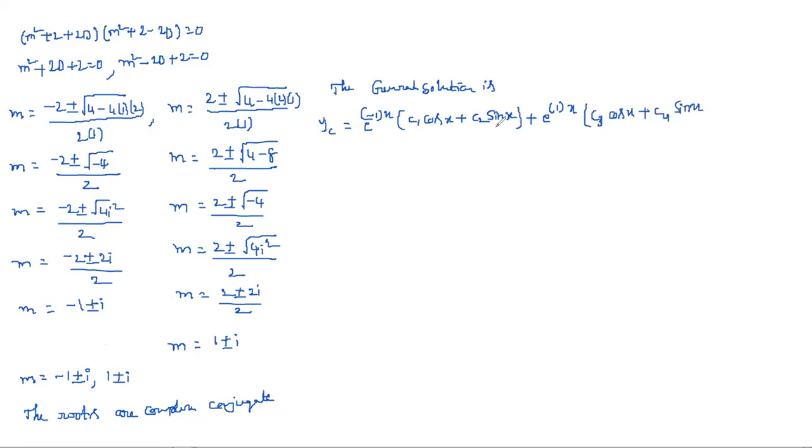Don't write the same as it is. Why? Because here the degree is 4. It means 4 arbitrary constants and those should be different. If you write c1 and c1, obviously both are equal. Okay. Now, so here it is. This is the one.